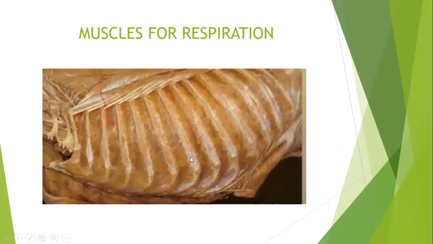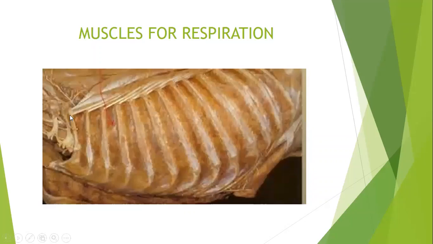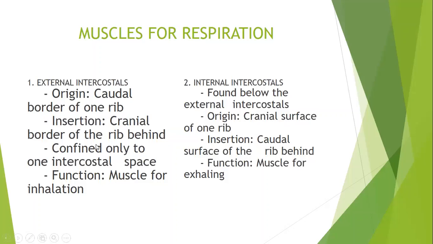So for the internal intercostals, this is rib number 1, the origin is here, and it's inserted into the caudal border of the next rib. So it occupies around two intercostal spaces.